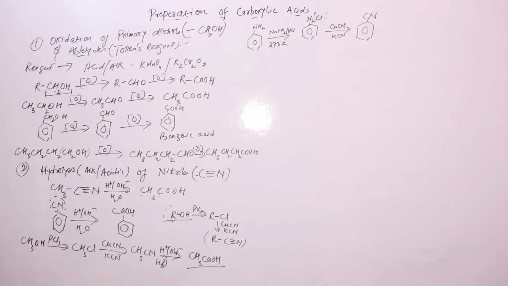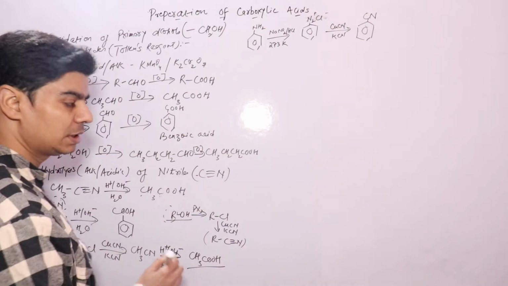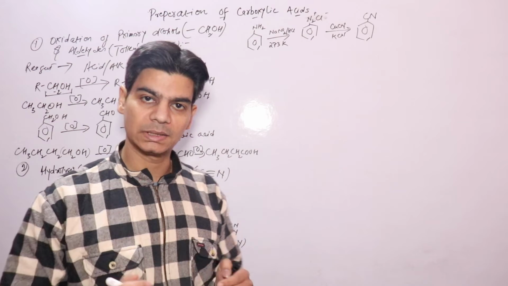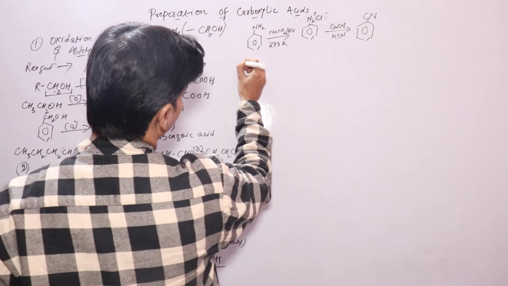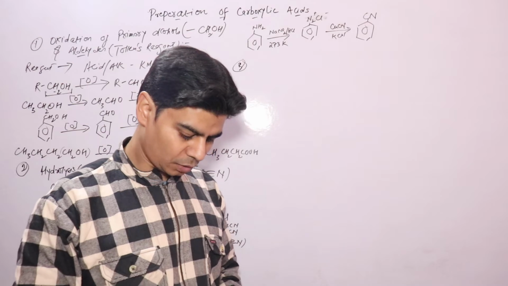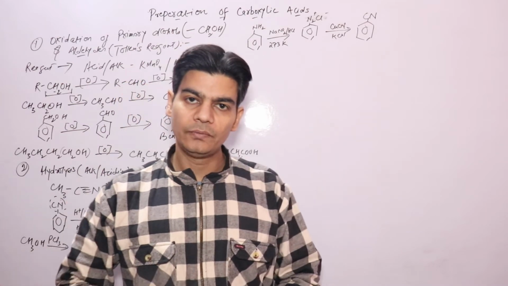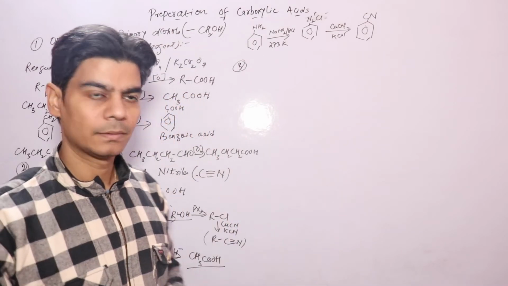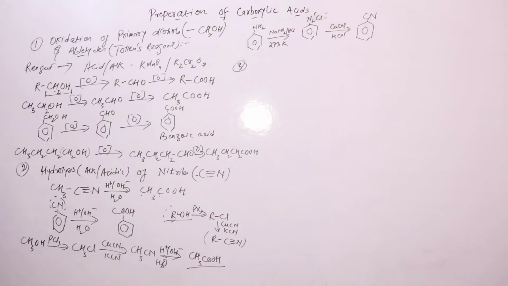Now we'll look into the other method, which is your esters, preparation of carboxylic acid from esters. Esters will simply undergo hydrolysis, acid or alkaline hydrolysis, to give you carboxylic acids. So let's look into one example.